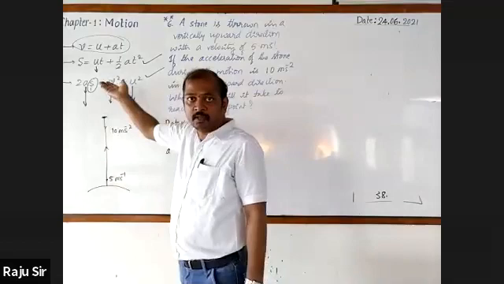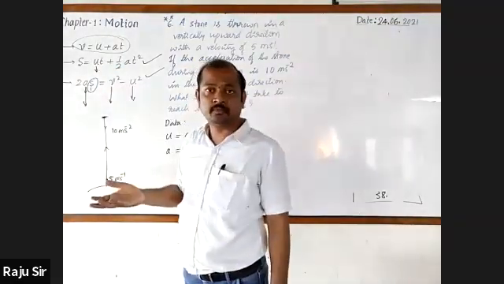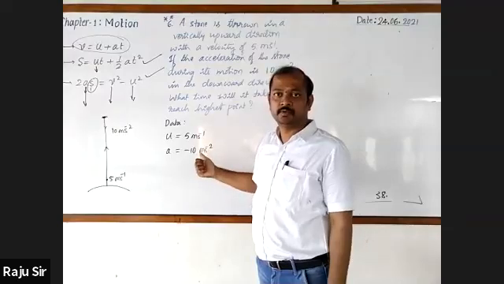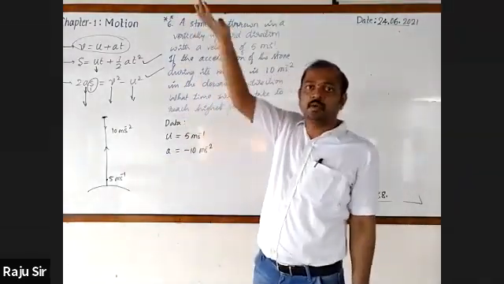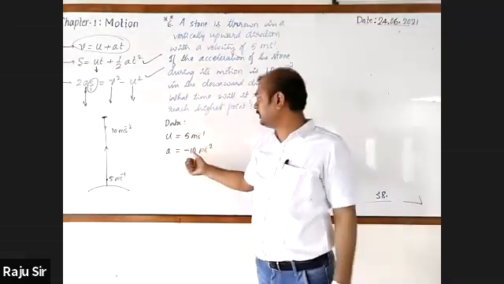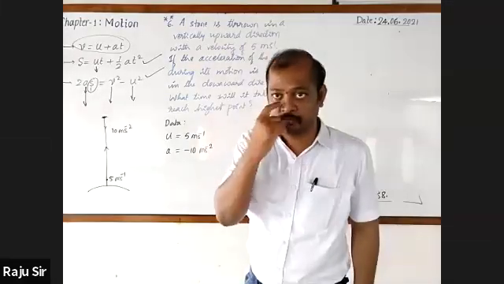It is going up, and when it is going up, its acceleration should be known. That is why we have taken that acceleration, minus 10 meters per second square. When it is coming down, it is 10 meters per second square; when it is going up, acceleration will be negative, minus 10. Did you understand?